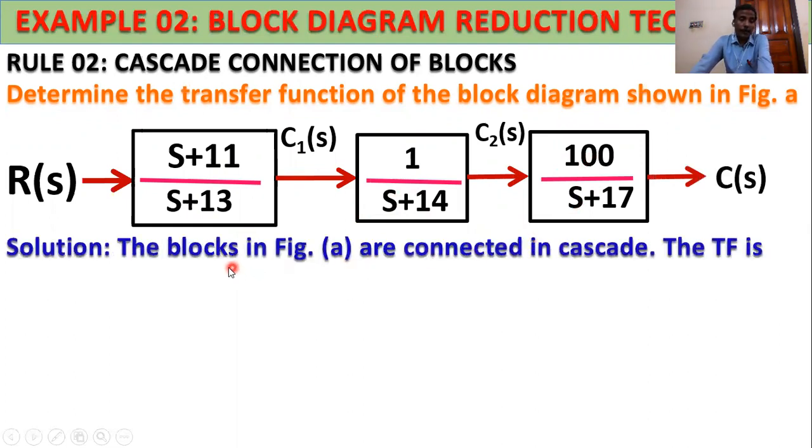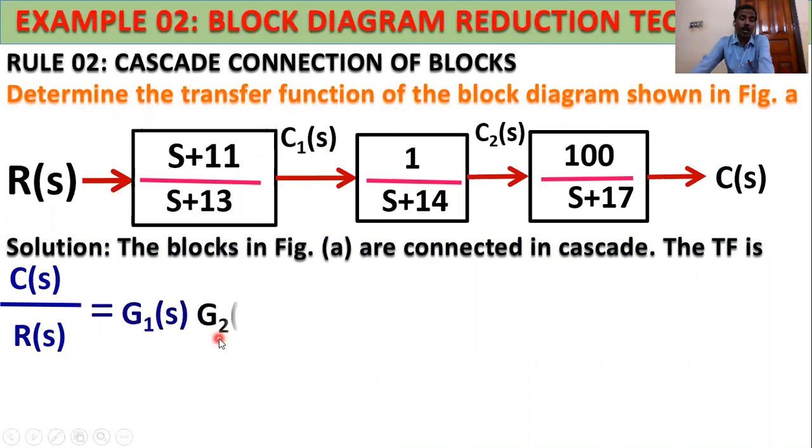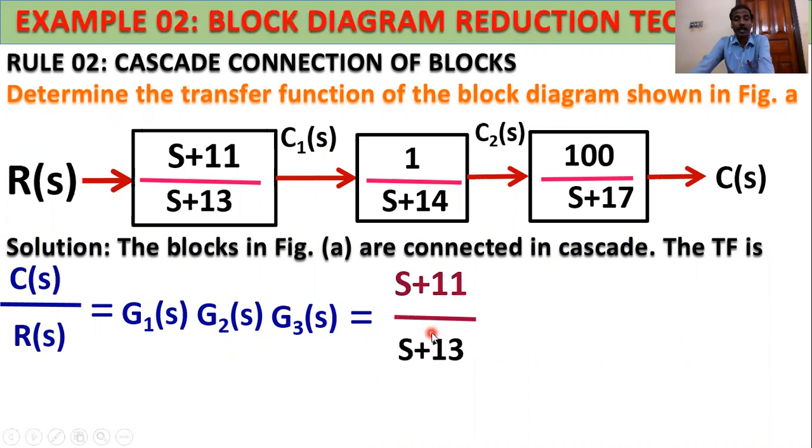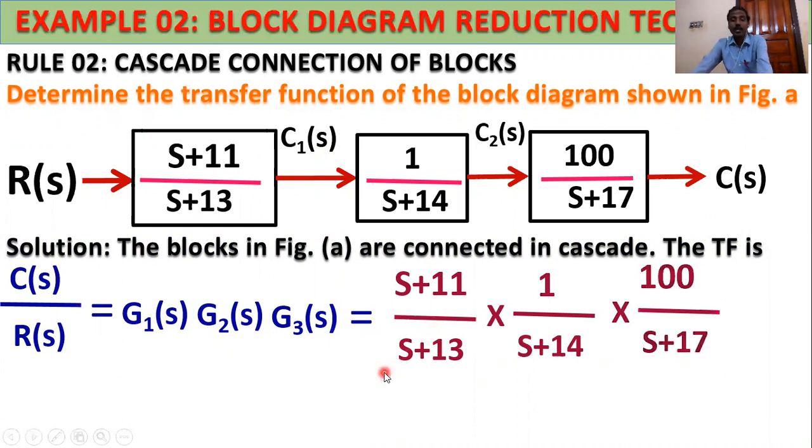Solution. This is example 2. The blocks in figure A are connected in cascade. The transfer function C(S) by R(S) equals what? C(S) by R(S) equals G1(S) into G2(S) into G3(S). Then G1(S) equals (S plus 11) by (S plus 13), G2(S) equals 1 by (S plus 14), and G3(S) equals 100 by (S plus 17).